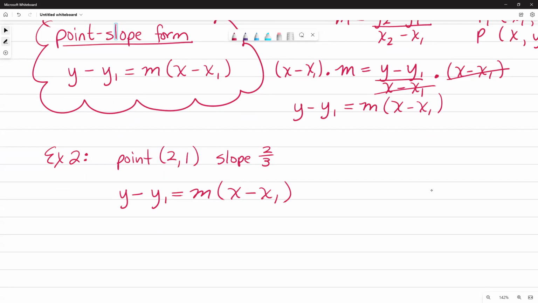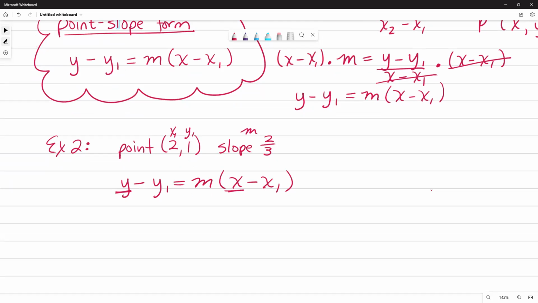So it's okay that you're going to end up with 2 variables. These are going to stay variables the whole time. So this is x1 and this is y1, and they've given us our slope. Slope is m. So plug in the values that you know. And y is our unknown, and will stay that way. So y minus 1 equals slope 2/3 times x minus 2.